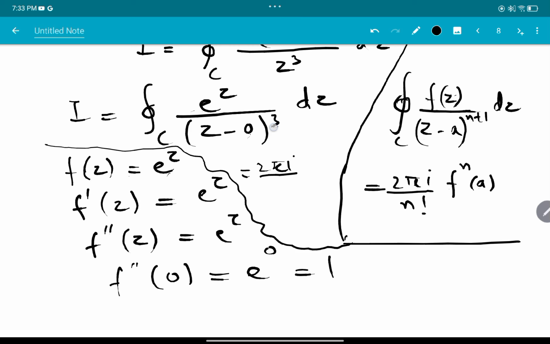It is to be reduced by 1, then it becomes n. So n is 2, 2 factorial. Then you have f^(n)(a): the second derivative of e^z evaluated at a, that is 1. So our answer is 2 and 2 goes. Our answer is pi I.